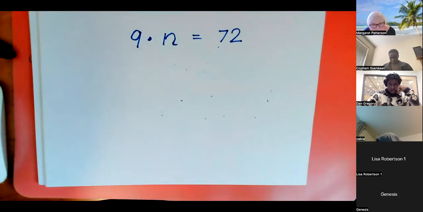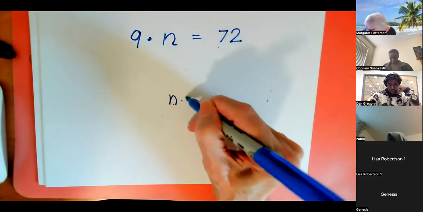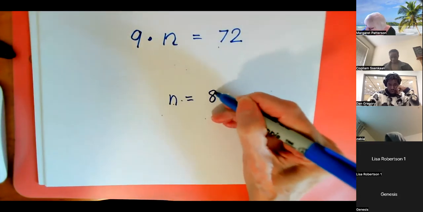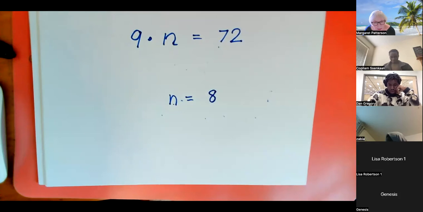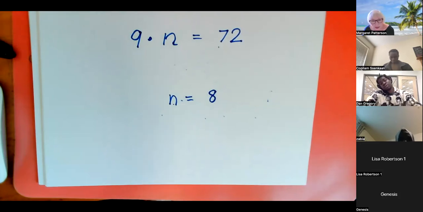Okay, so instinctively, we can know that the n must have been 8. So it's, in a sense, in reverse. 9 times what? I've got the answer 72. And so the answer was clearly 8.